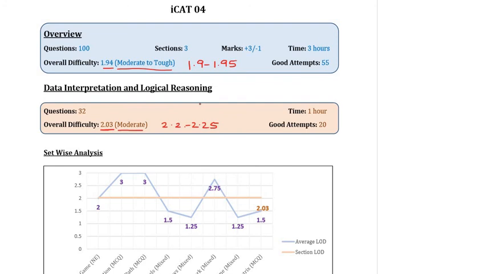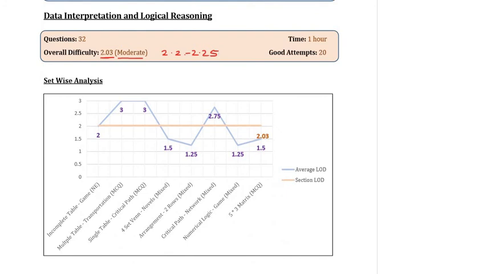So this mock was characterized by a tougher verbal section than usual and an easier DILR section than usual. Let's have a look at the sets now. As we saw in RC, we try and identify which sets to attempt based on the subject matter, the number of questions, the word length and the difficulty.